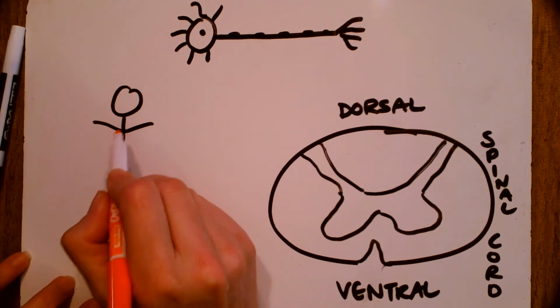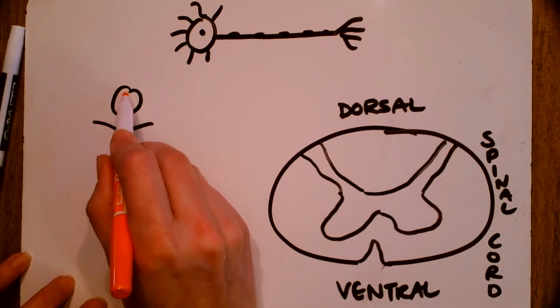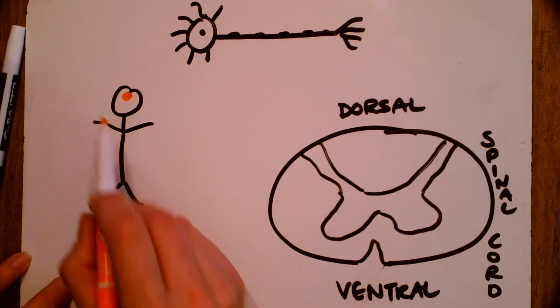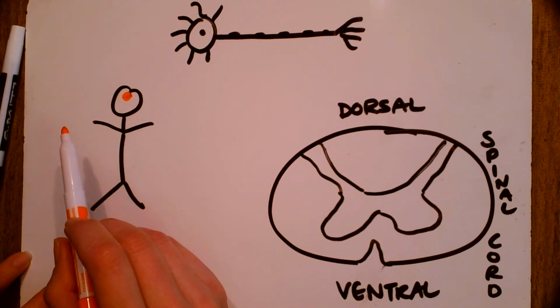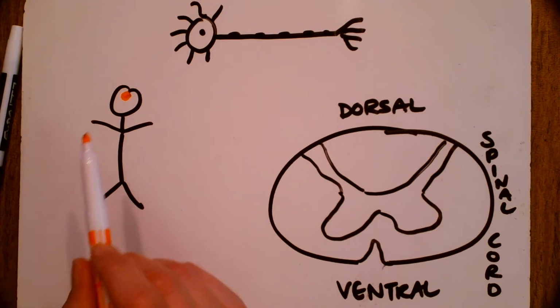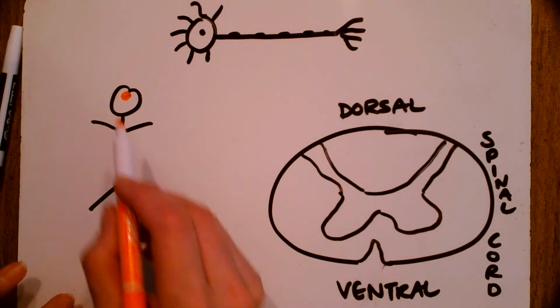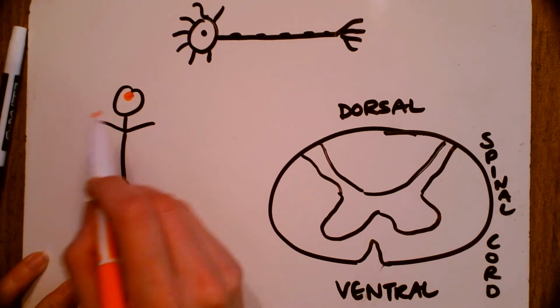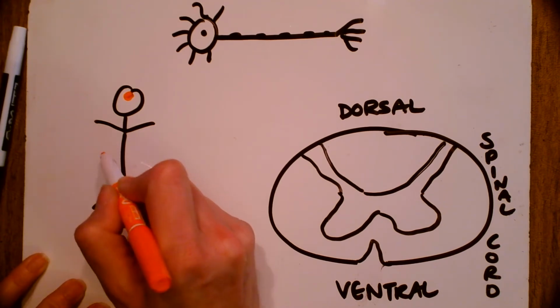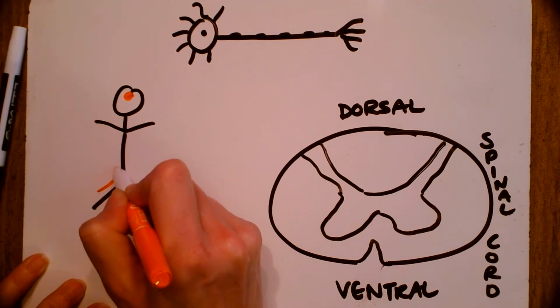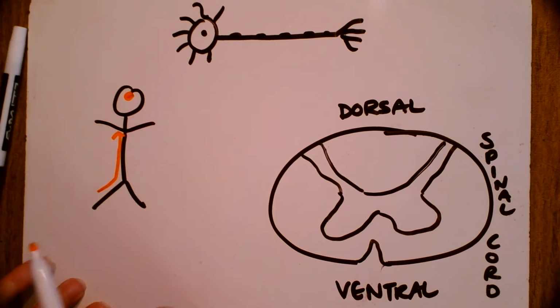So here's your spinal cord, and here's your brain up here. Sensory nerves are going to be coming from your skin, your eyes, your ears, your tongue, your nose, for all of your senses. And sensory nerves only have neurons that are traveling in one direction, from the extremities of your body to the spinal cord, or towards the brain.